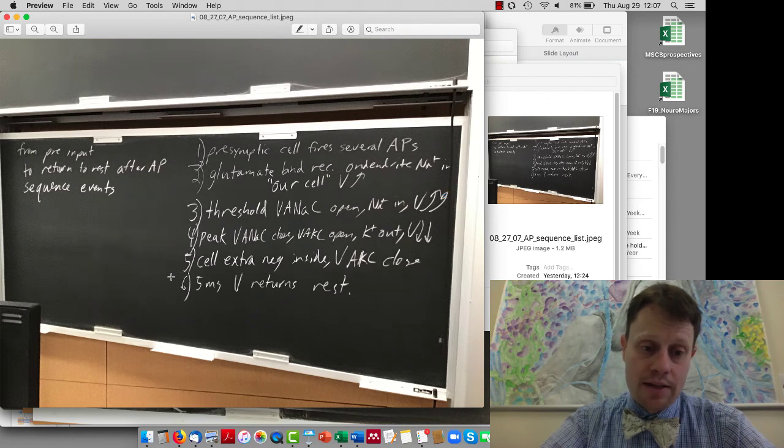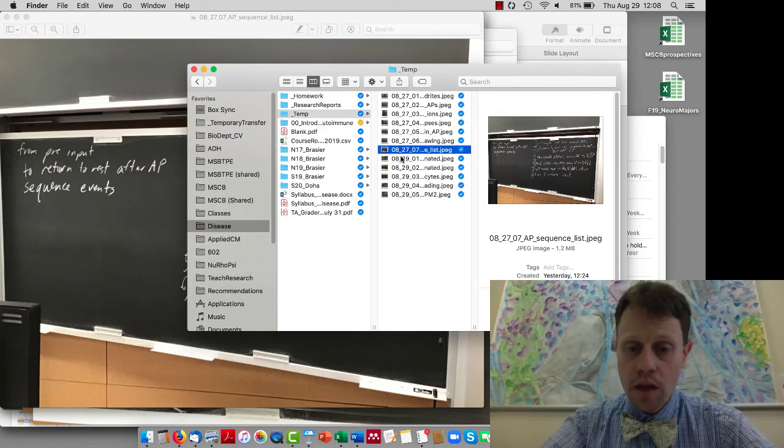And then step 6 is called the refractory period. It's a period after the action potential is over, when the cell is not yet quite ready to fire a second action potential. Steps 1 and 2 here are what's leading up to the action potential, and we're going to go into this next week, more between step 1 and step 2.